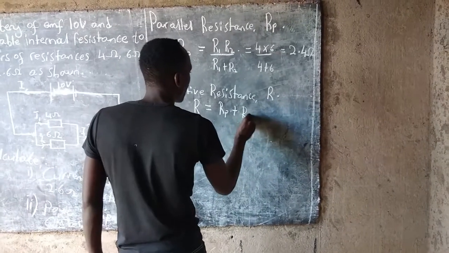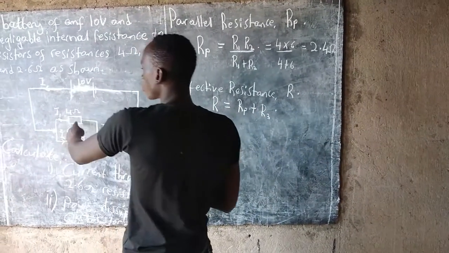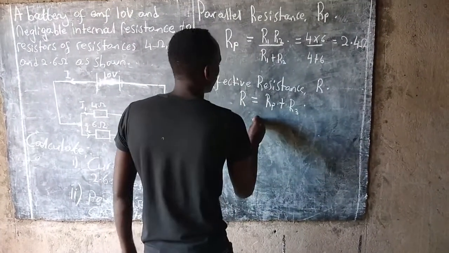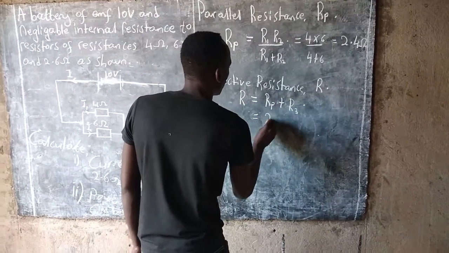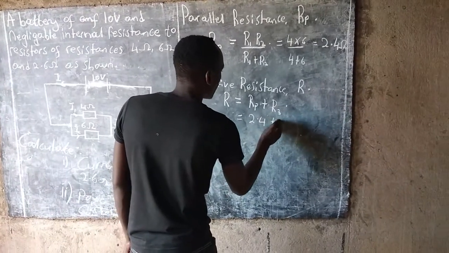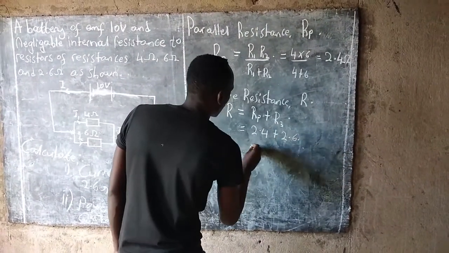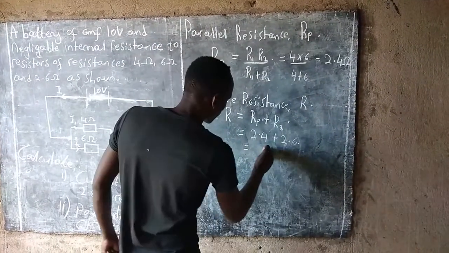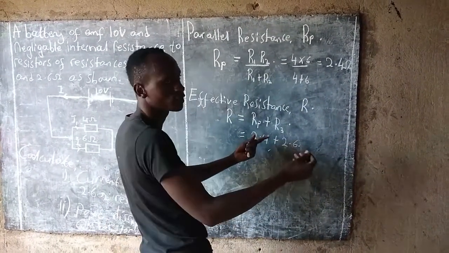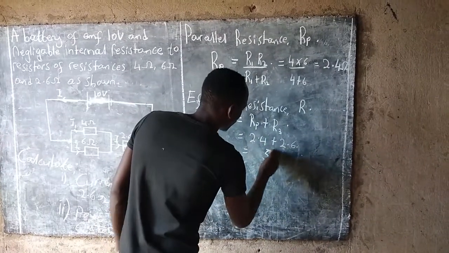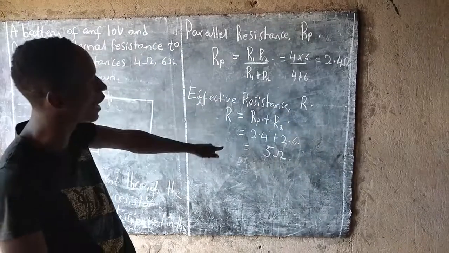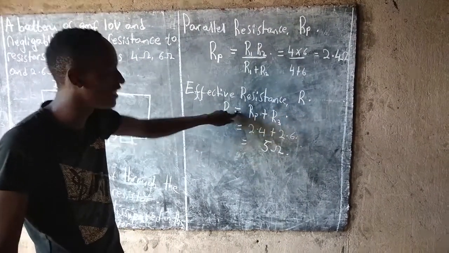Maybe we call it R3 in this case, because we call this one R1, R2, so we can now call this one R3. Therefore, it will be the 2.4 ohms plus the 2.6 ohms, and our answer will finally be, who can guess there? Yes, you guessed it right. It is 5 ohms. So, we now have the effective resistance in this circuit.